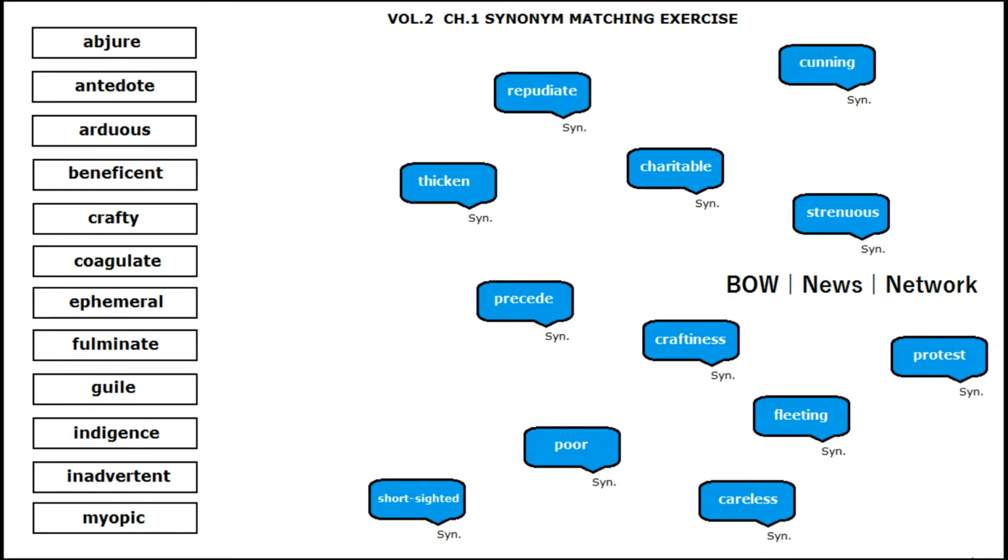And let's do another one. Beneficent, and a synonym for beneficent is charitable. So you can go ahead and fill in the rest, and look for it in our next chapter 2.